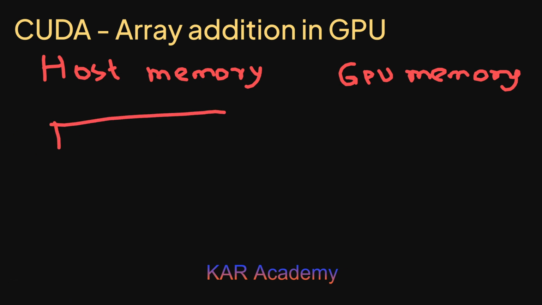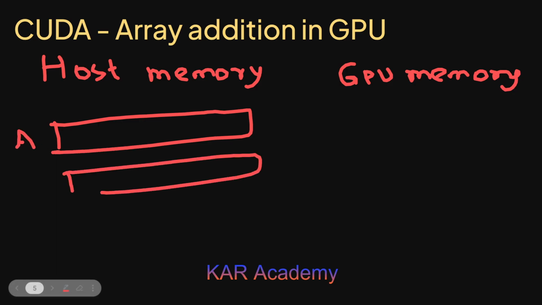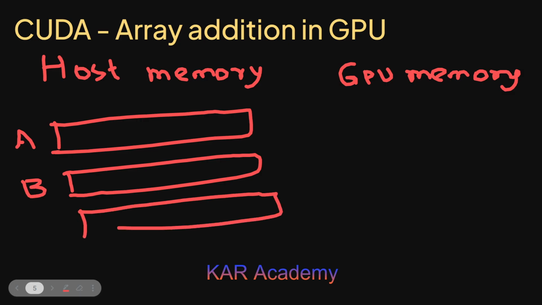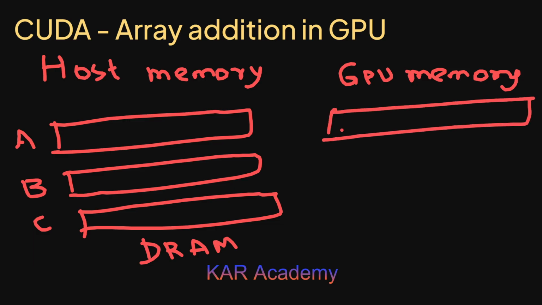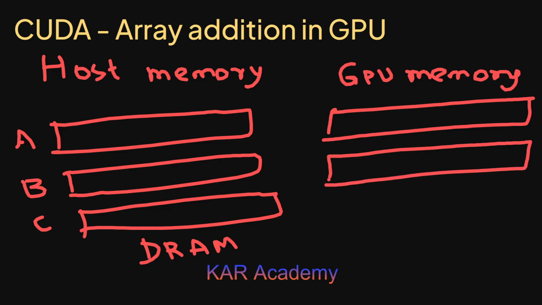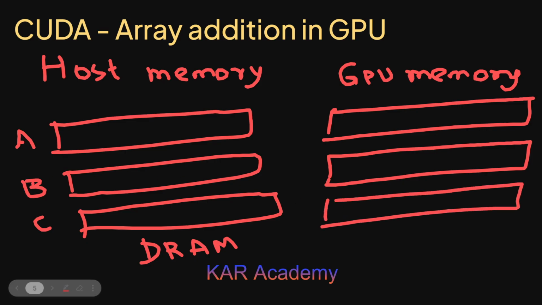So you have array A, array B, and array C. These arrays allocated in the DRAM cannot be accessed by the GPU. So we will have to allocate similar arrays in the GPU memory, or the device memory.